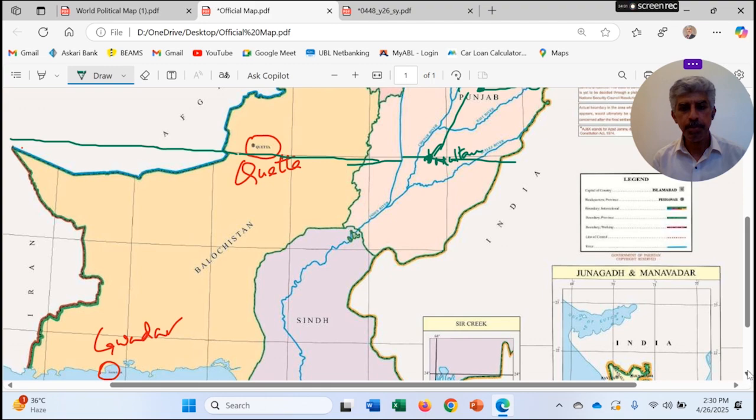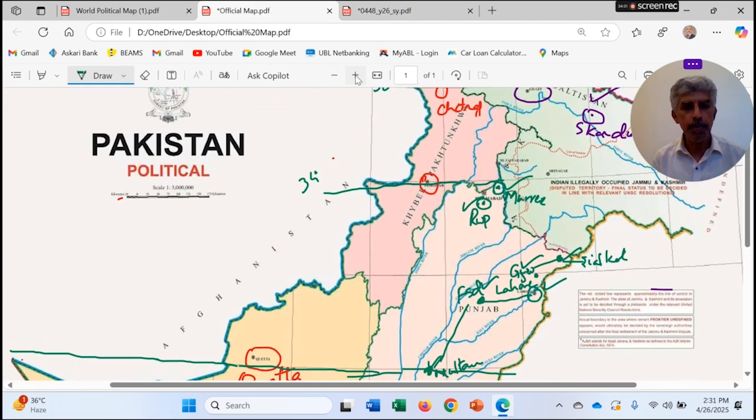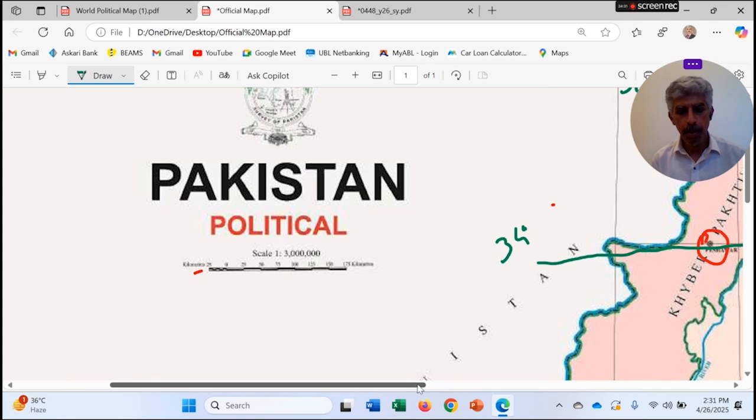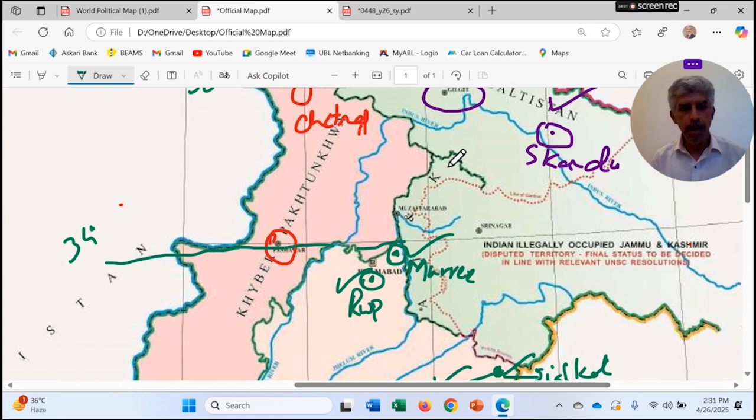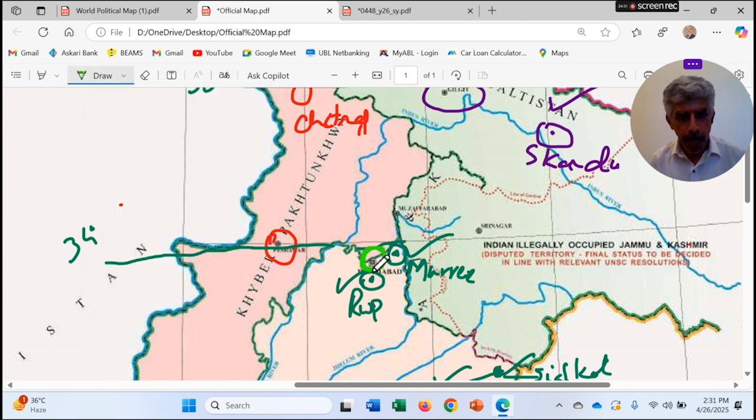And now if I zoom further, here you can see Islamabad in the north of Rawalpindi. So Islamabad is labeled separately.